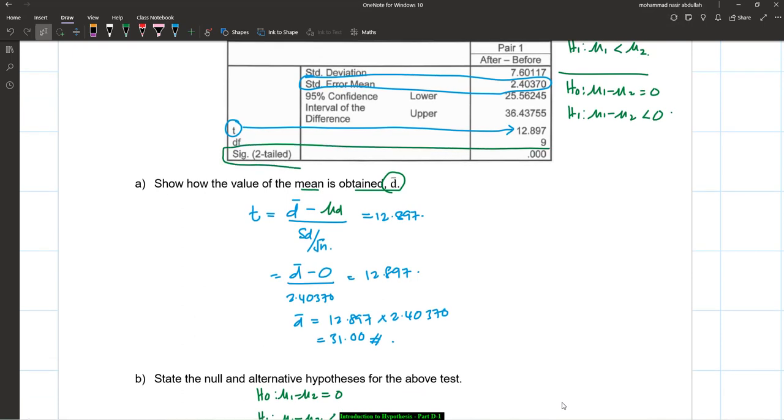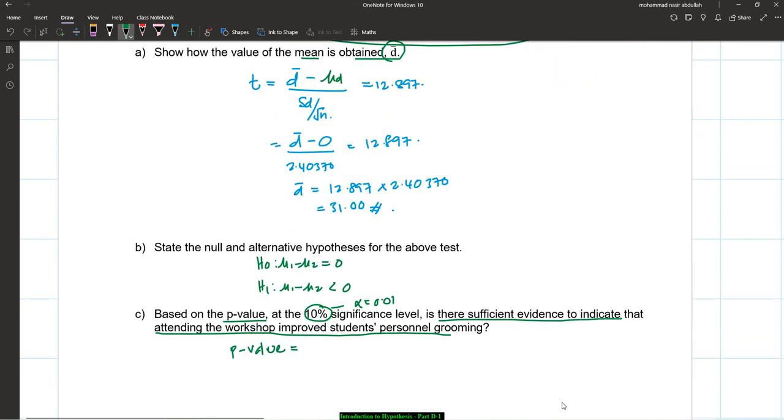They give us 0.000. 0.000 doesn't mean the p-value is equal to 0. It means that the p-value is less than 0.001.